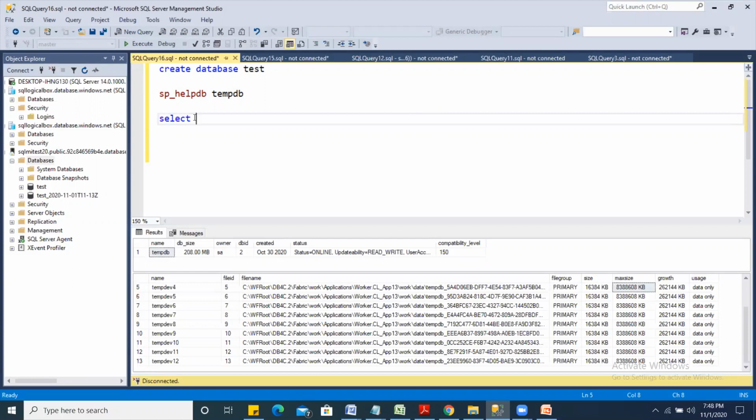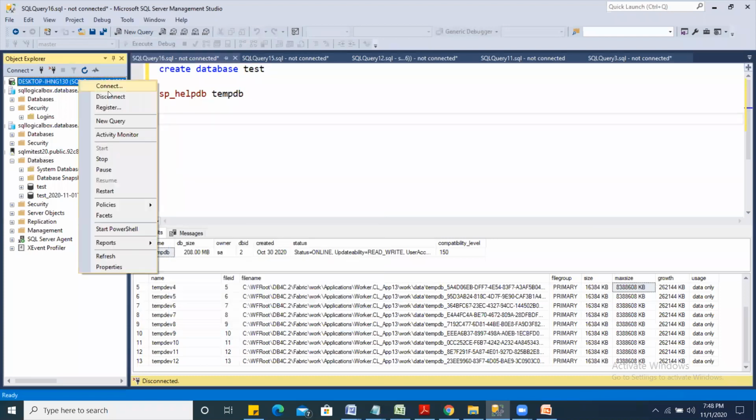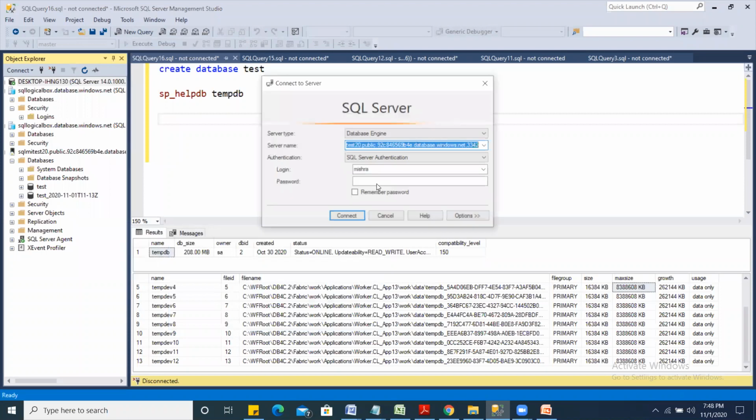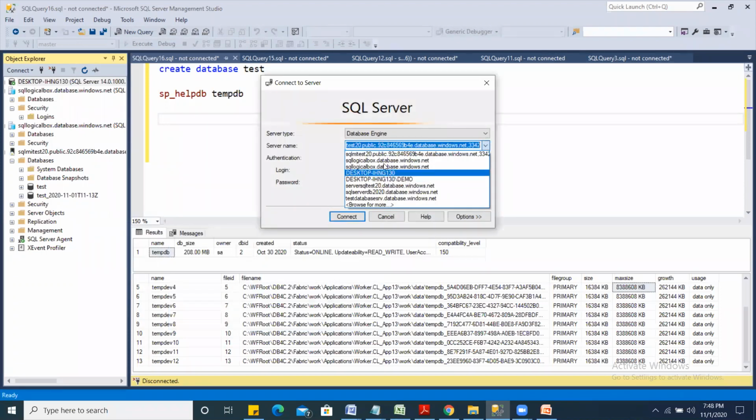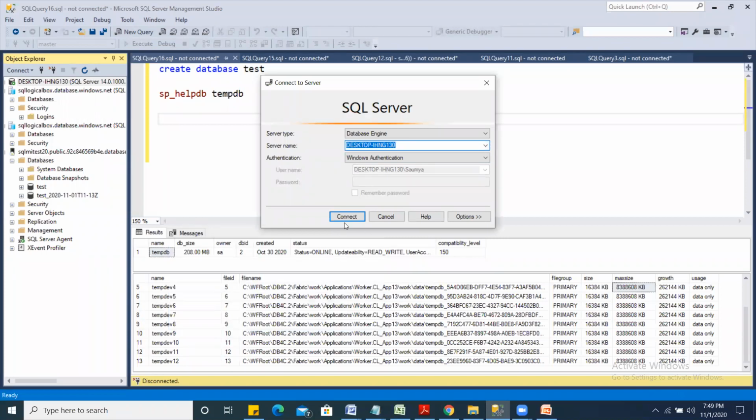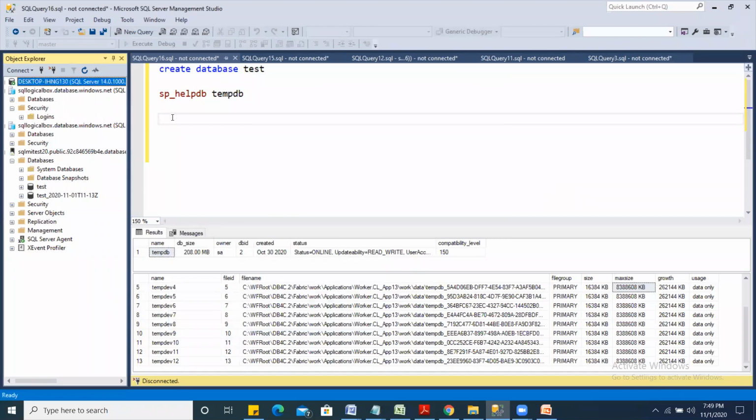So I think I am connected to an Azure instance here that was targeted for a different batch. Let me connect to the local instance. New query.